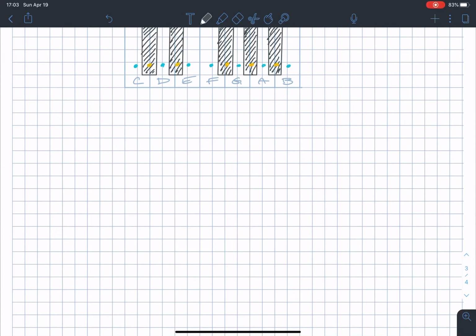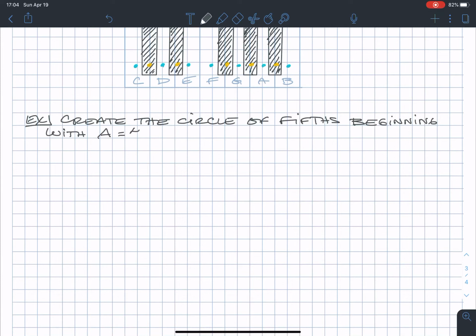So for example, let's create the circle of fifths, beginning with A at 432 hertz.